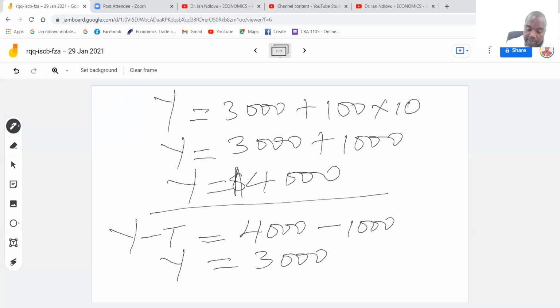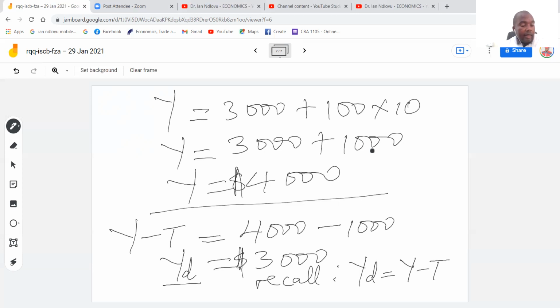So YD, the disposable income, is equal to $3,000. I'll just note that YD is equal to Y minus T.